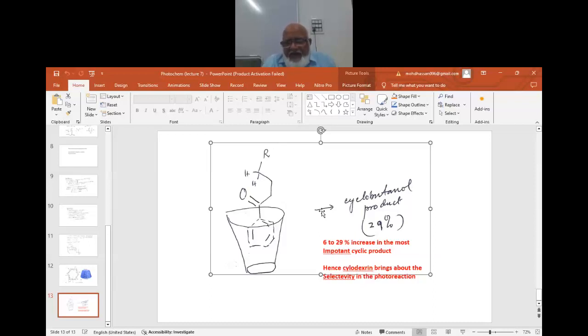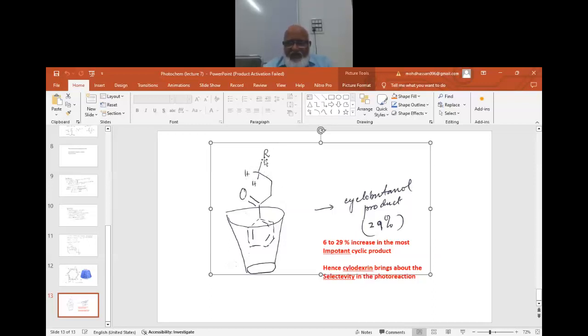What they have done is they have made the reaction in the presence of organized media like cyclodextrin. The inclusion complexes have been made by encapsulating the ketone into the cyclodextrin cavity. Now this is the inclusion complex of the ketone in the cyclodextrin cavity, and the ketone is under constrained media, so mobility is restricted.